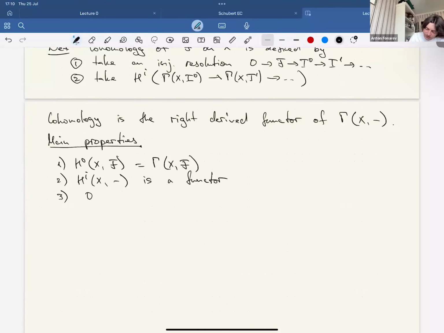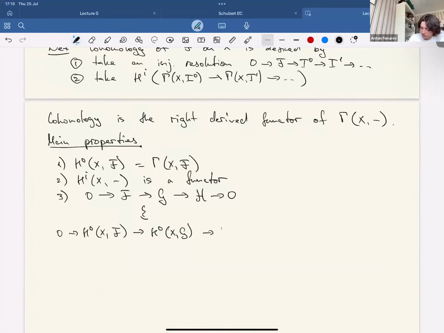I will just write that functorially: if you have a short exact sequence of sheaves F, G, H of modules, then you have an associated long exact sequence, which starts with H0 X F, goes to H0 X G, goes to H0 X H. And then there is this first connecting homomorphism.